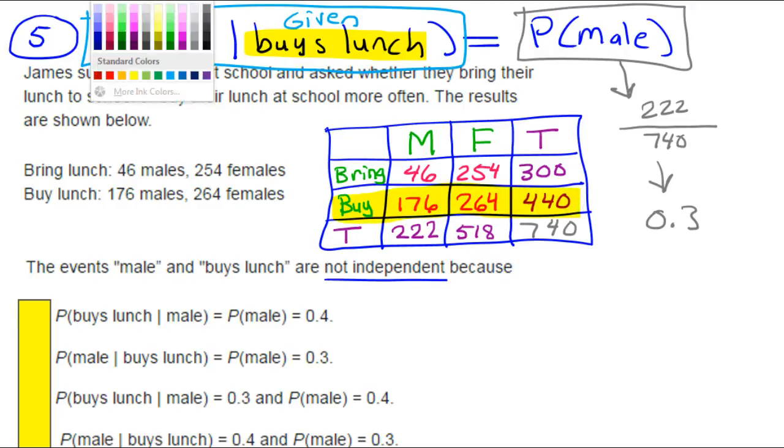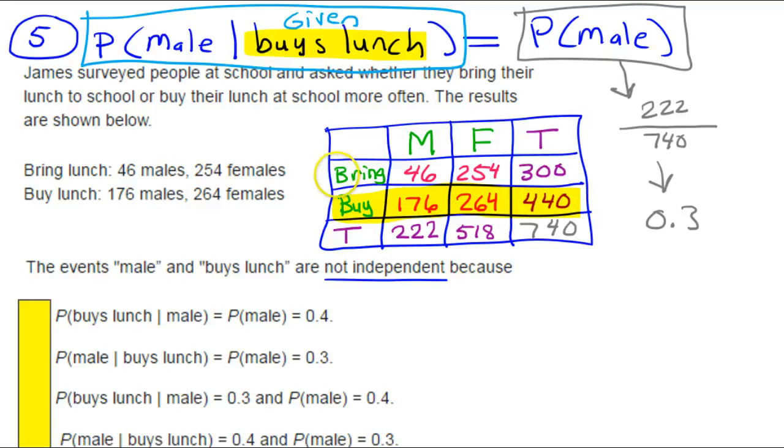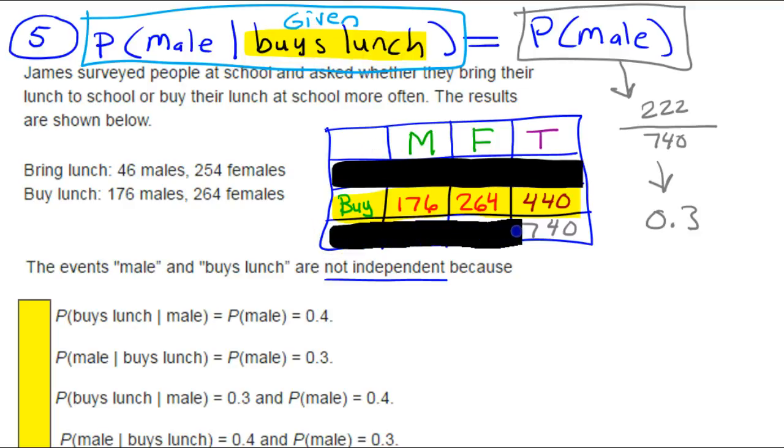That means the rest of the chart I can black out. Alright, forget about people who bring their lunch. We're given that we're talking about people who buy their lunch. So these totals will now be incorrect, because these are the totals. Now in this smaller lunch buying universe, again we're looking for males.